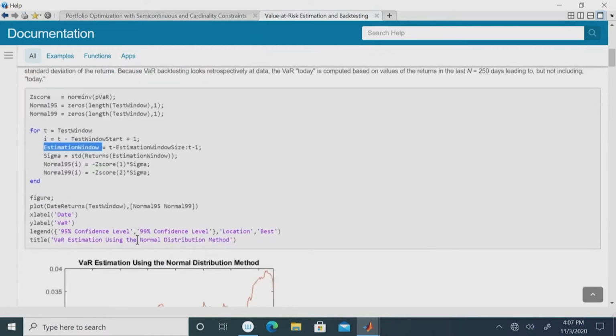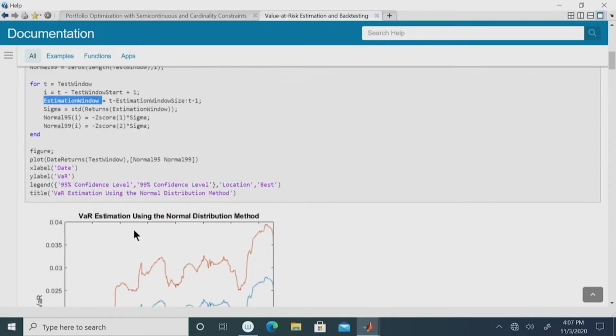So, we have done the VaR estimation using the normal distribution, and these are normal 95 and normal 99 that you obtain here. These are nothing but the 95% and 99% confidence level value at risk that you have estimated by making use of the normal distribution method based on the preceding 250 days.